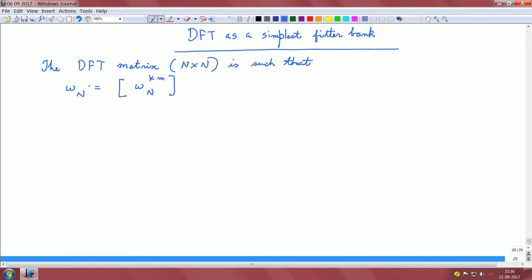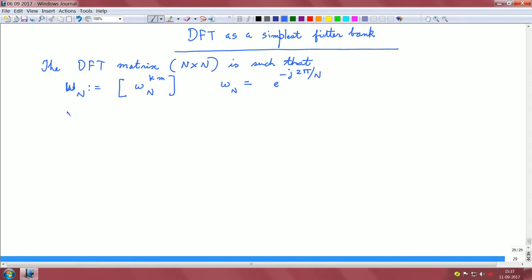This is a matrix comprising entries which are omega_n power k times m, where this is a capital W, and omega_n is e power minus j 2 pi upon n.